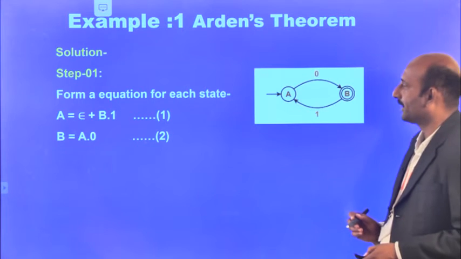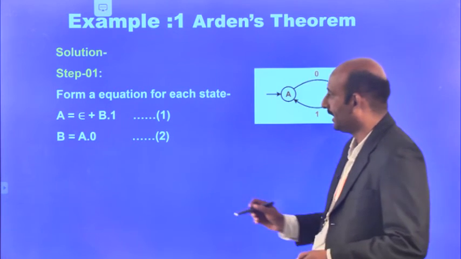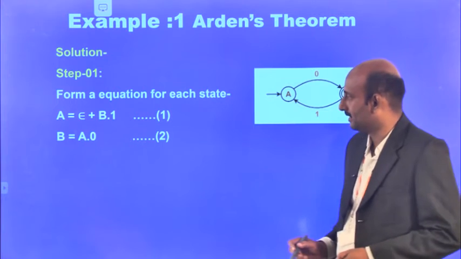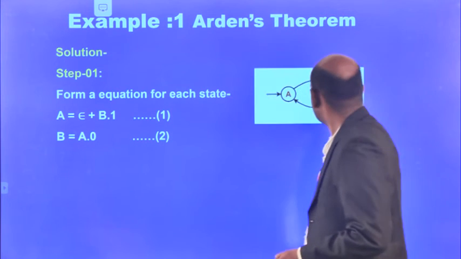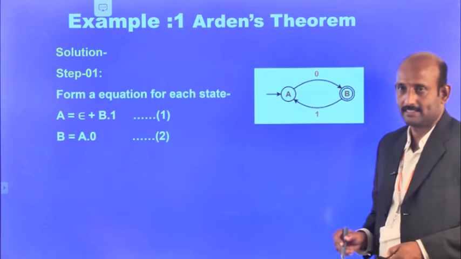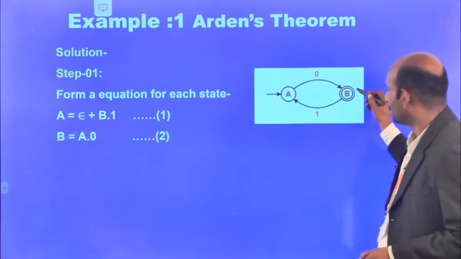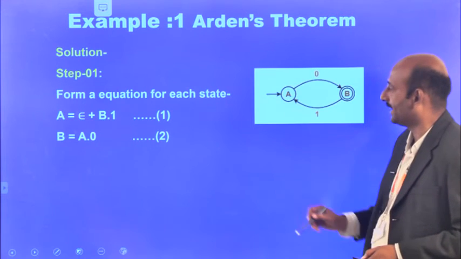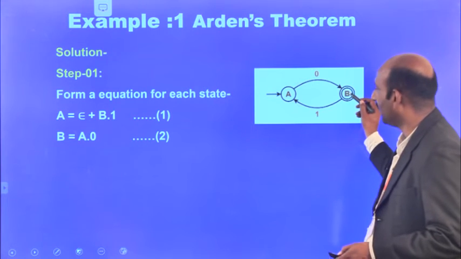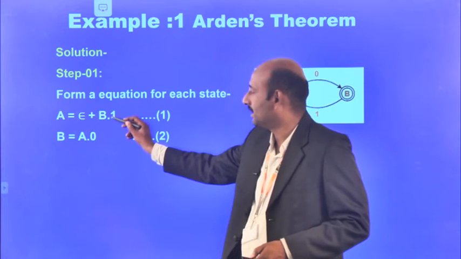By Arden's theorem, we can write the equations. We have only two states. A equals epsilon, the epsilon transition only for the initial state, plus B for the state A. For simple understanding, we take the incoming states to A. The incoming state is coming from B with input 1, so we write epsilon plus B dot 1.